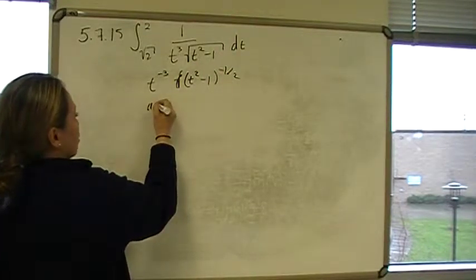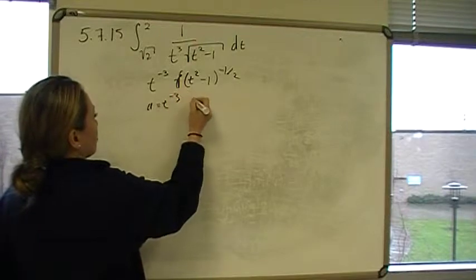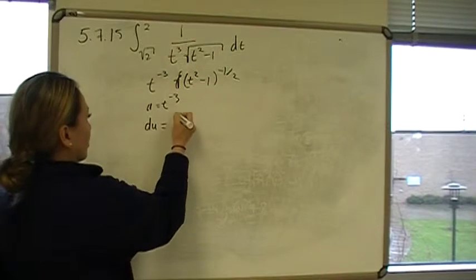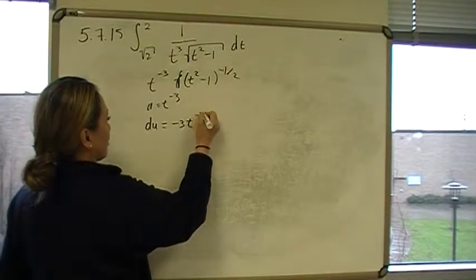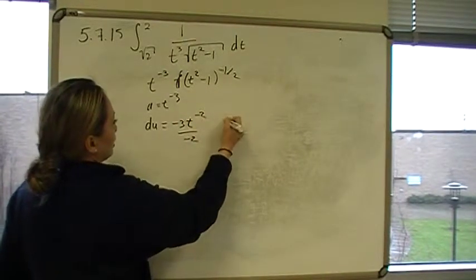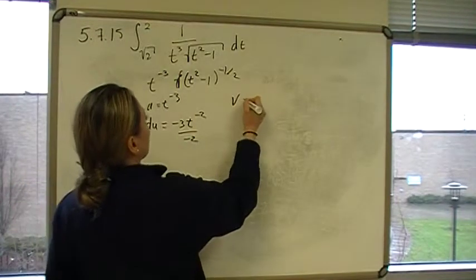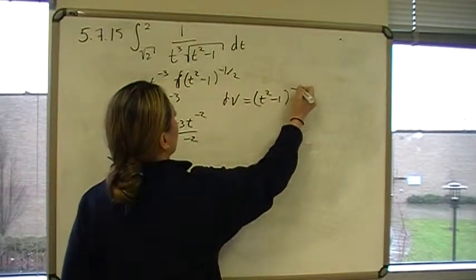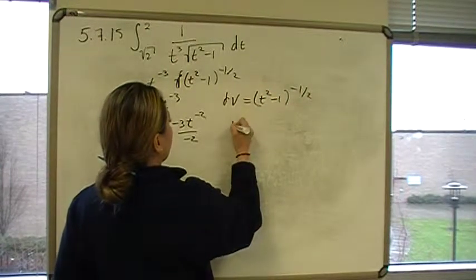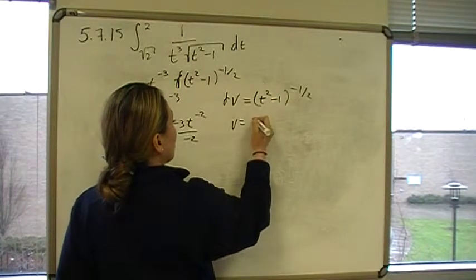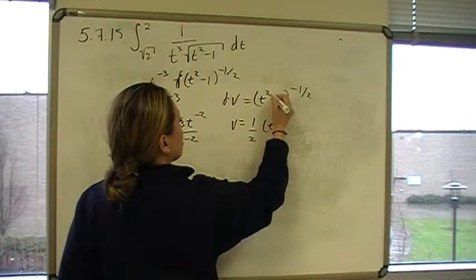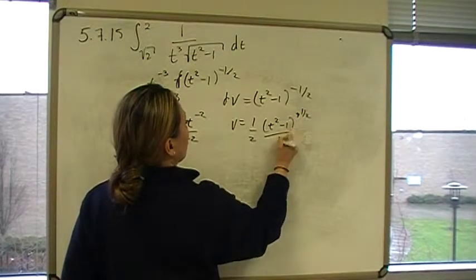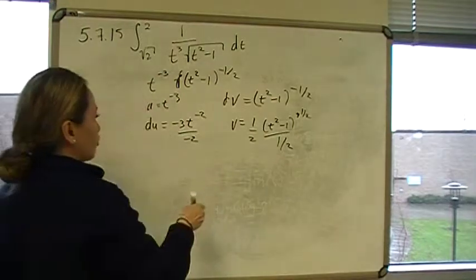And then you can set u equal to t to the -3, and then du would be -3 t to the -2 over -2, and dv would be t squared minus 1 to the -1/2, and the v would be the integral of that, which would be 1/2 t squared minus 1 to the 1/2 over 1/2.